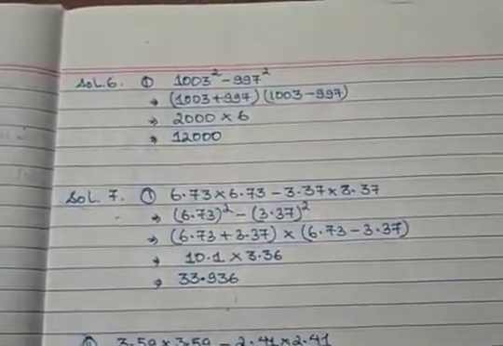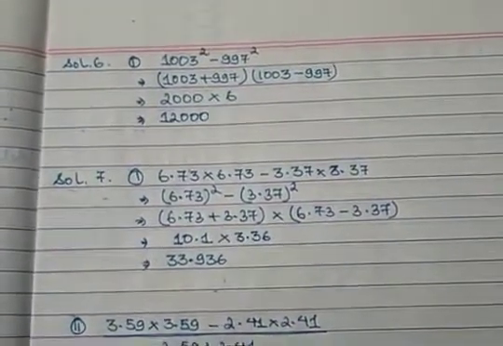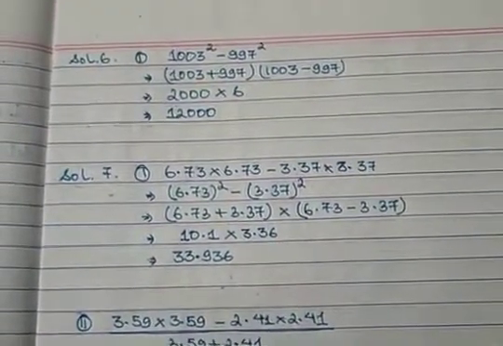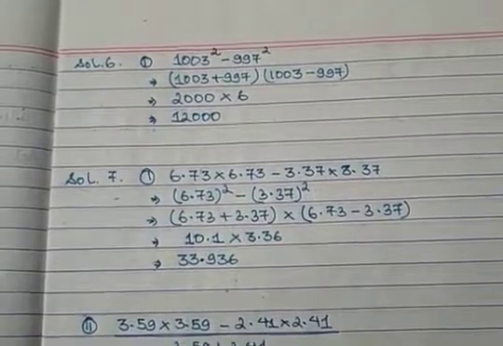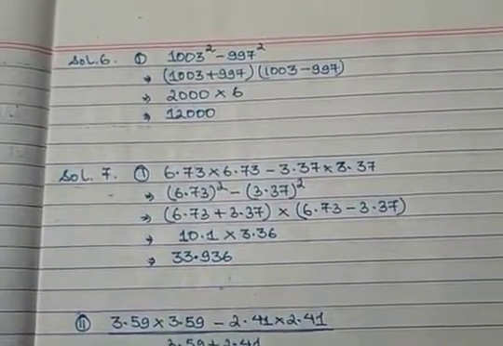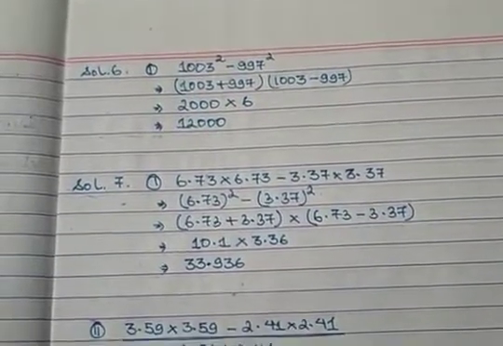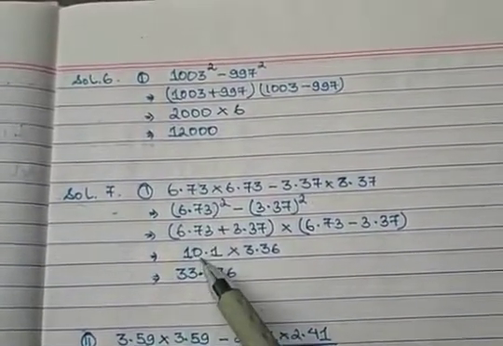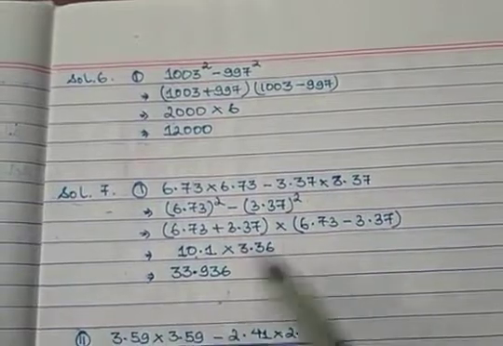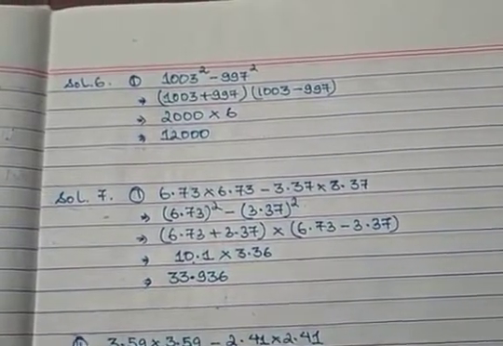I guess there's a slight mistake in the printing, but it's okay. We'll get the result for any number given. But if it was given 3.27, then it would have been easier for us. Why? Because at that time, in this place, we would have got just 10, and as you know, it's easier to multiply with 10, isn't it?